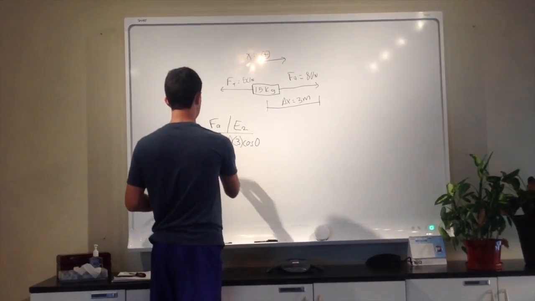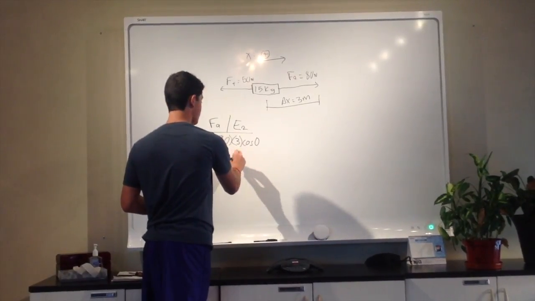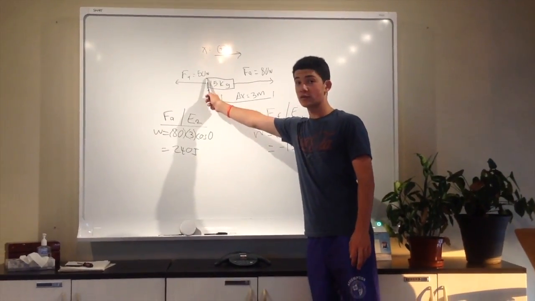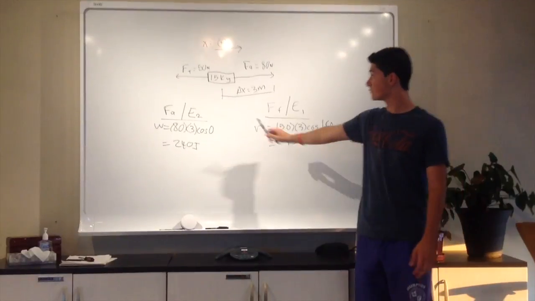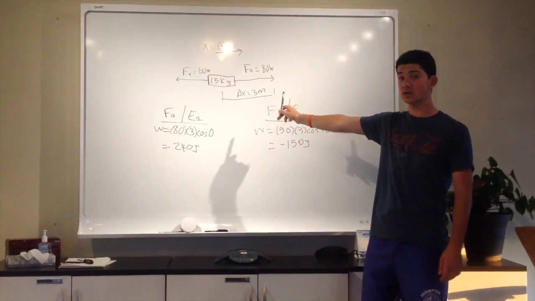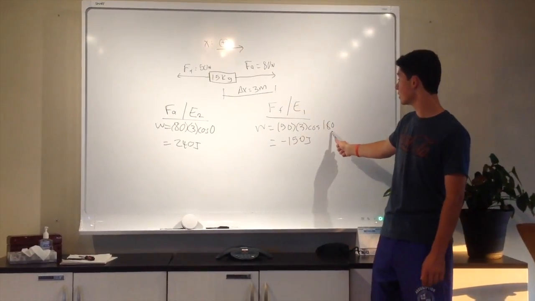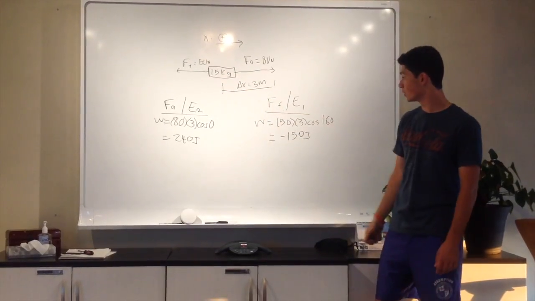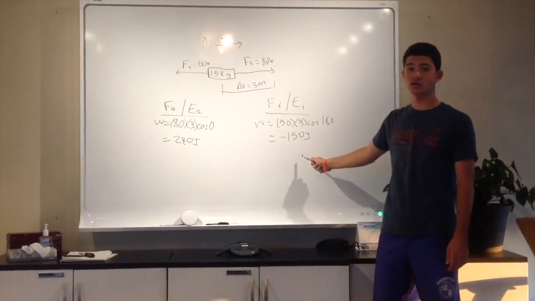So that works out to 240 joules. For the force of friction, the work is equal to 50 newtons times the displacement of 3 meters with a cos of 180 degrees because it's in the opposite direction, which works out to negative 150 joules.